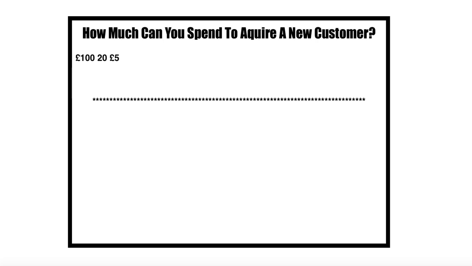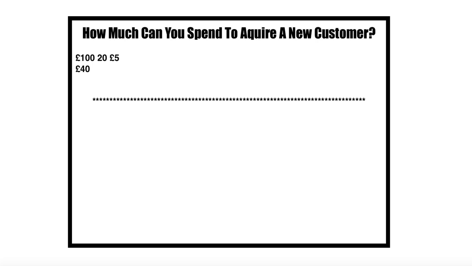Let's say you're a beautician, for instance. Any kind of local business this works with. You know that every time a customer comes through your doors, you charge them £40. Obviously, you've got different products and services, but let's keep it simple for this.